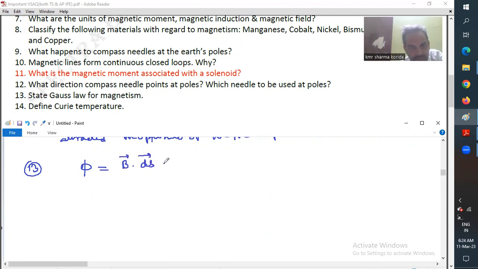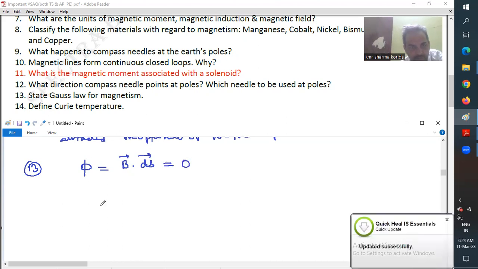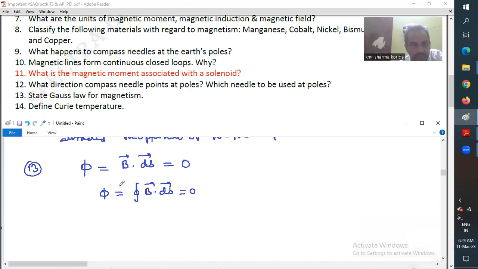But we are saying that this is 0. So therefore, you can also write phi is equal to the closed integral of B dot ds, which is equal to 0. So magnetic flux through any closed surface is 0.